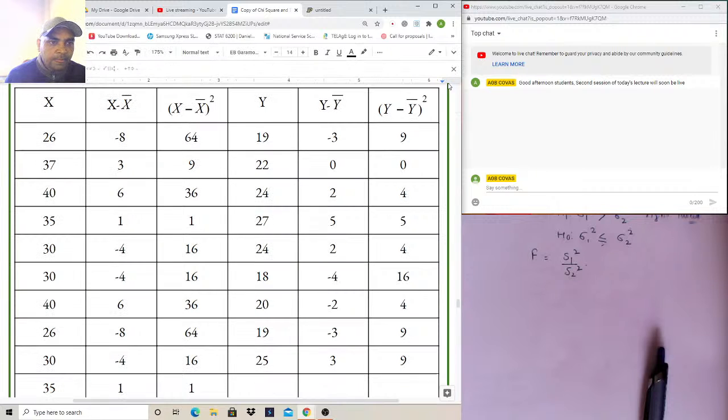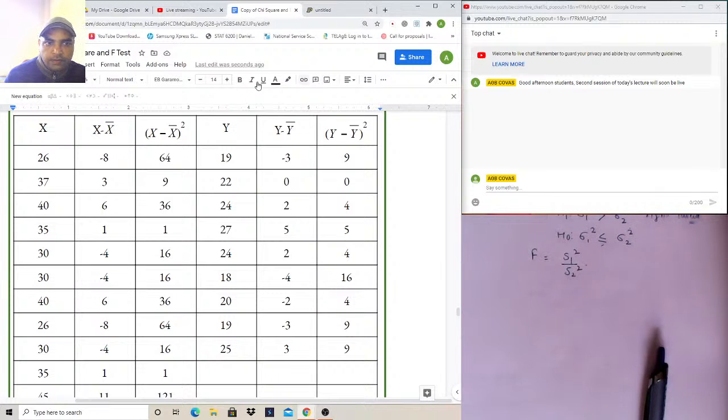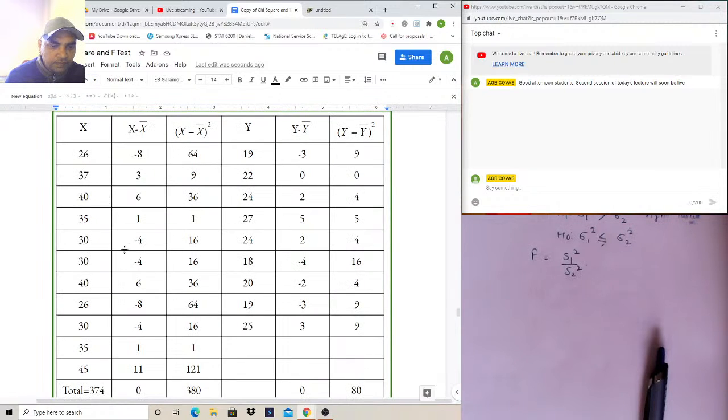These are the number of items produced by X, and how many are there? 1, 2, 3, 4, 5, 6, 7, 8, 9, 10, 11.